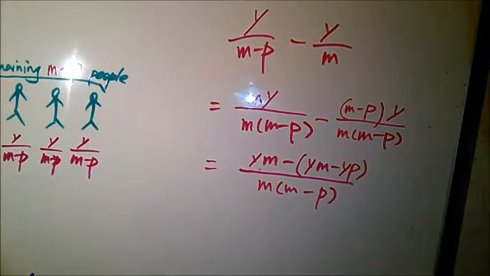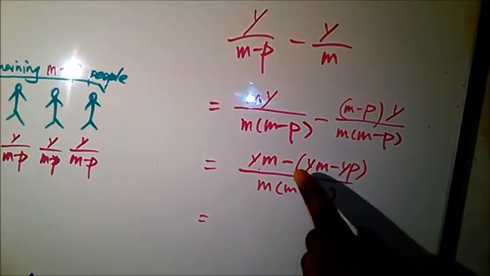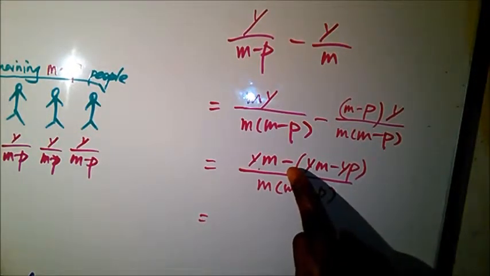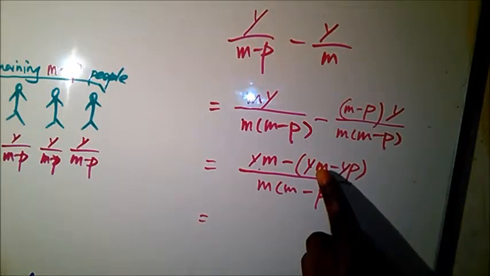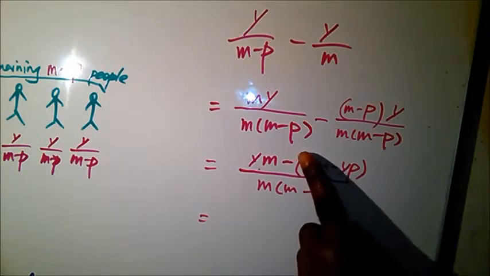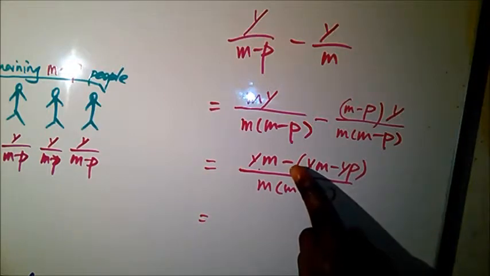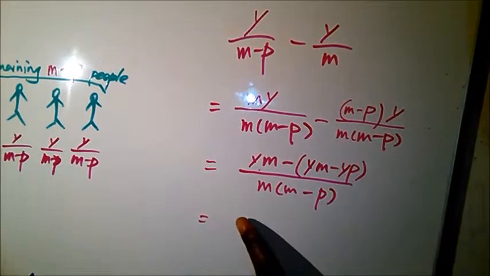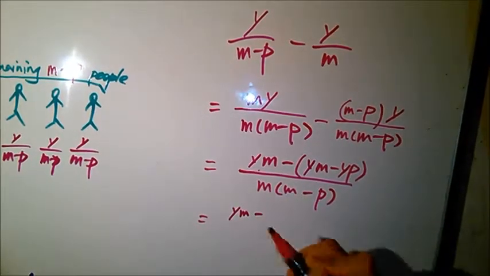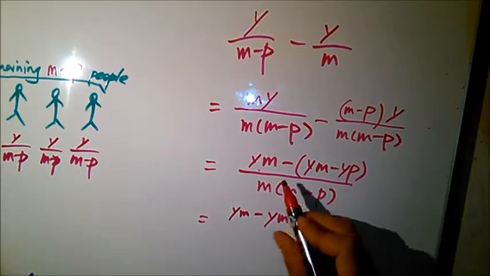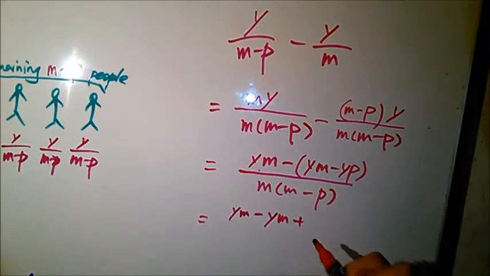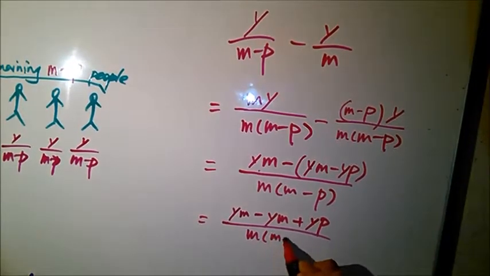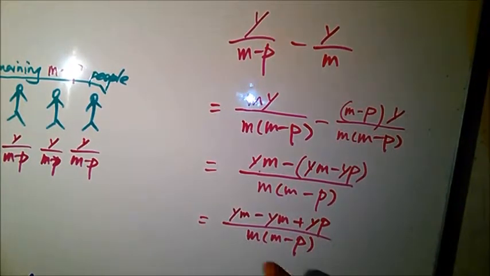And we can simplify this even further. Remember, there's always an invisible 1 if there's a parentheses here. We're going to distribute negative 1 into ym, and multiply negative 1 times negative yp. We're going to get ym minus ym plus, because a negative times a negative is positive, yp over m times m minus p.